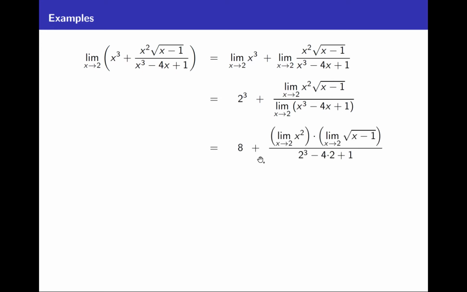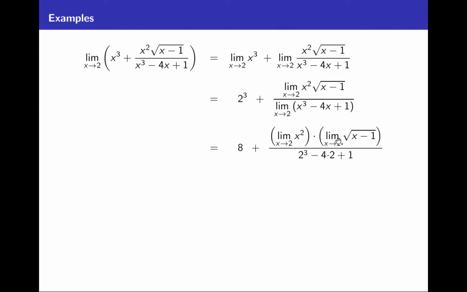So applying limit laws there, we plug in 2 into the polynomial in the bottom, and on the top, we write this limit of a product of functions as a product of two limits, as indicated here. And of course, 2 cubed is 8. Now we have the limit as x approaches 2 of x squared right here, and that's going to be 2 squared.